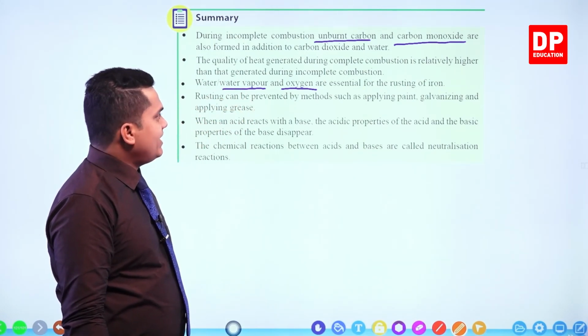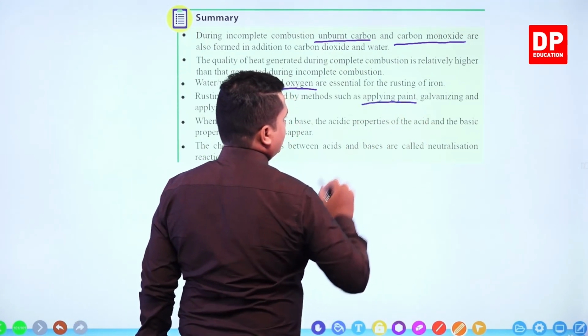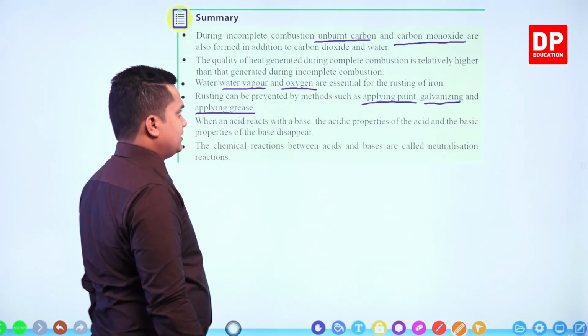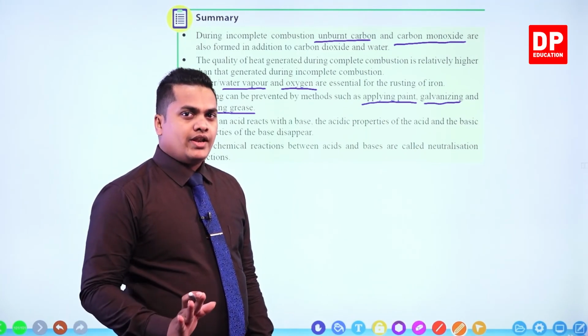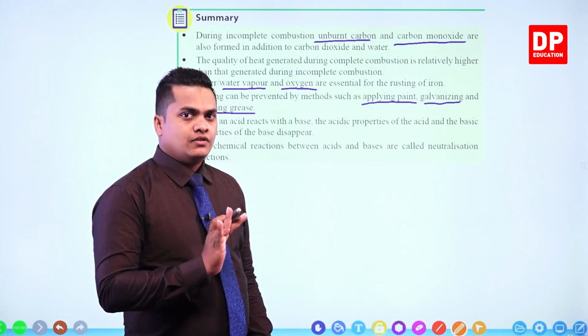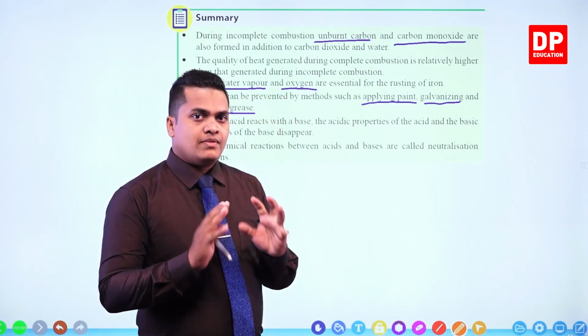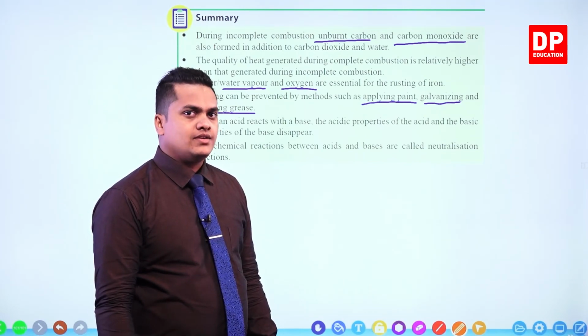Rusting can be prevented by methods such as applying paint, galvanizing, and applying grease or oils. Here we avoid the contact of two factors with the metal surface. What are those two factors?